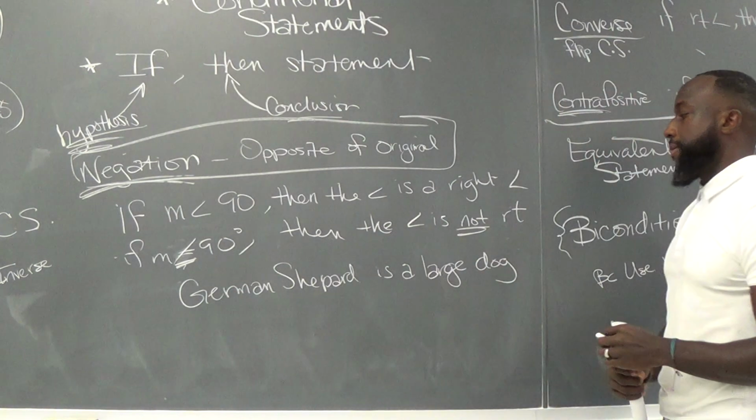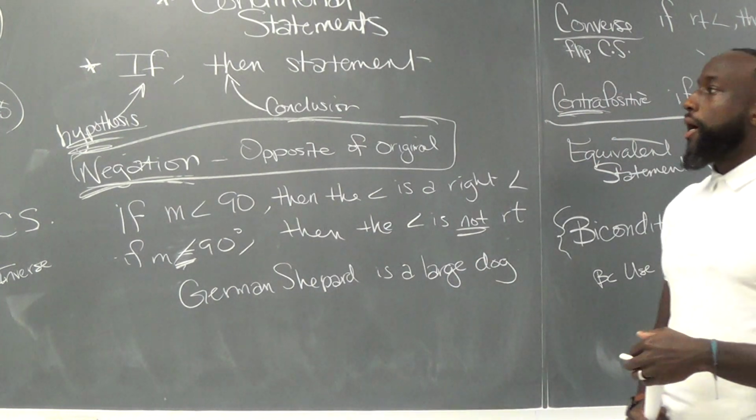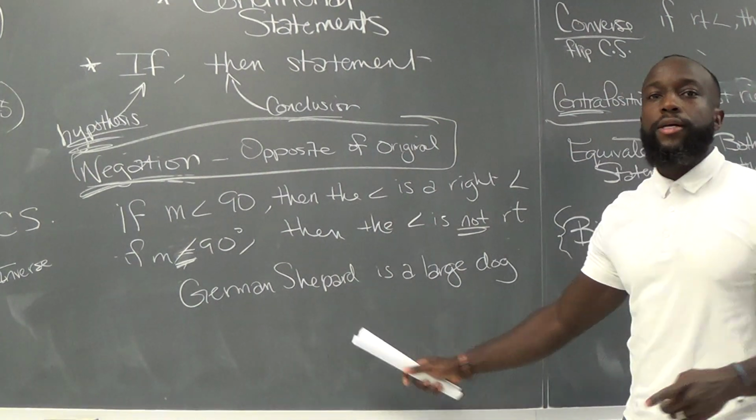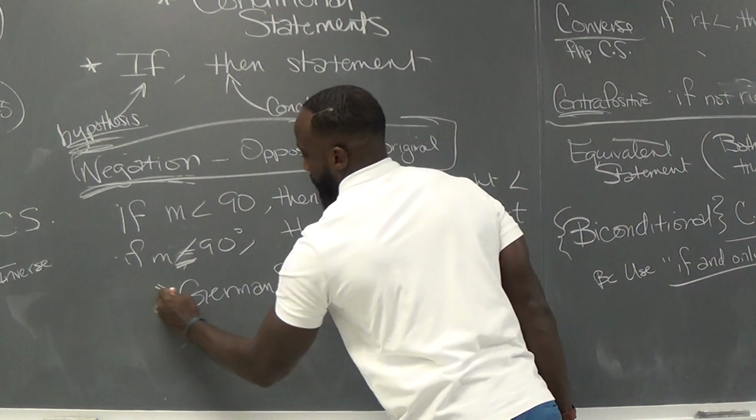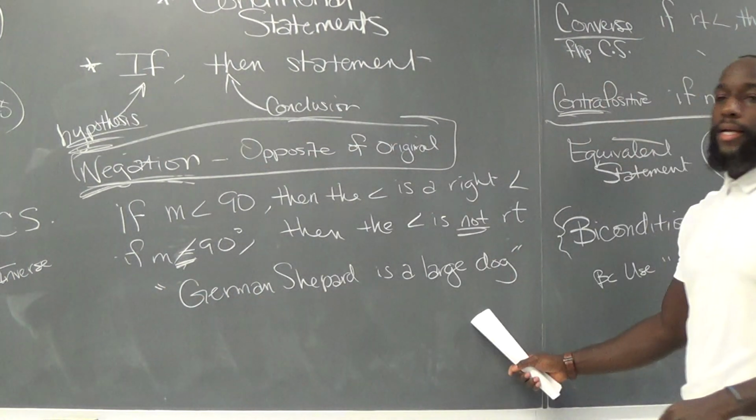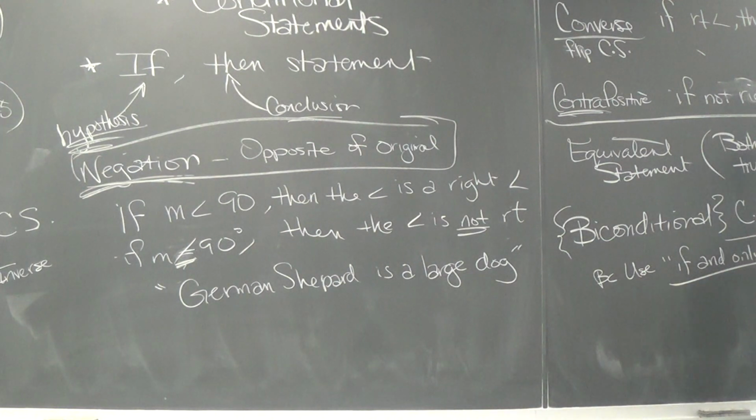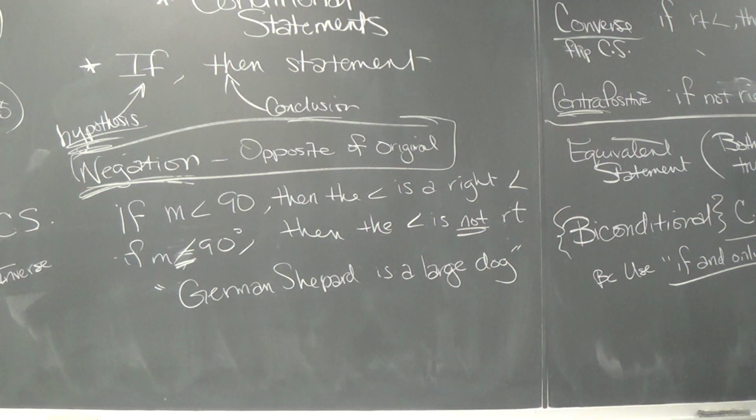German Shepherd is a large dog. Make a conditional statement of this. Make this an if-then statement. I'll give you a few minutes to make this into a conditional statement.